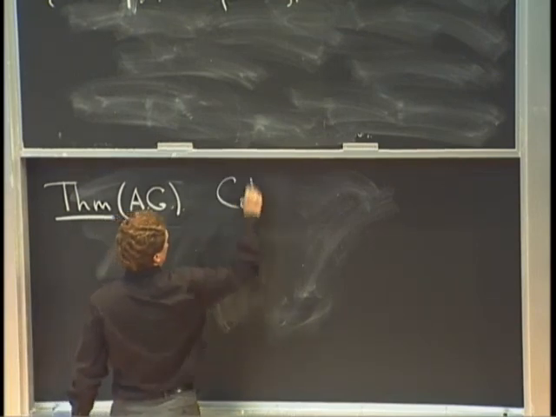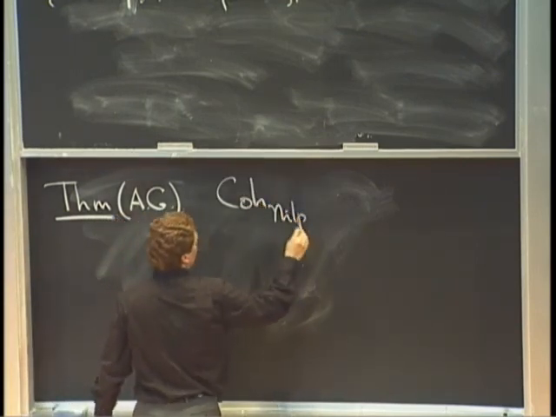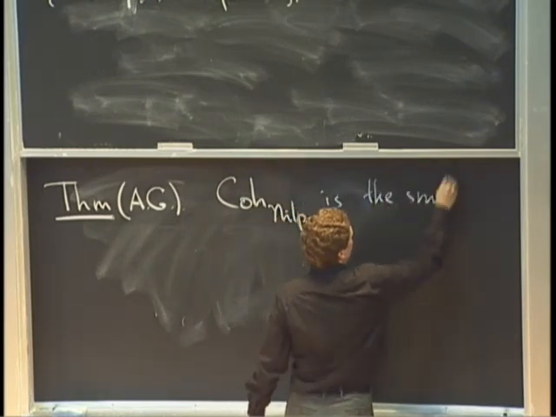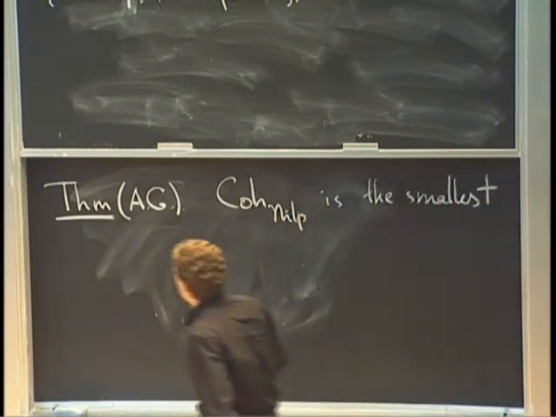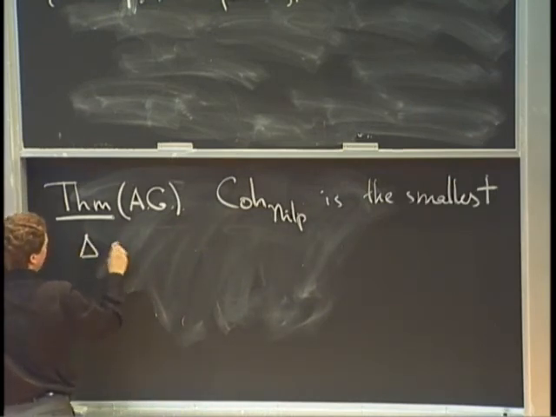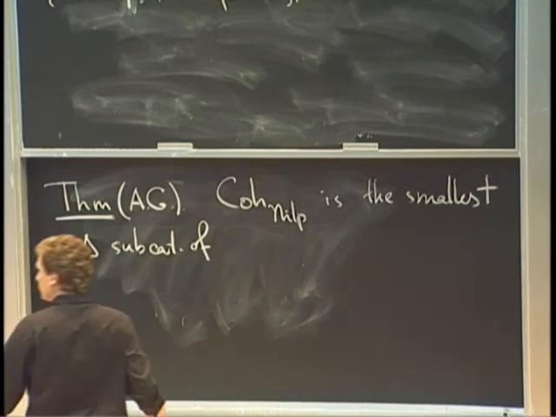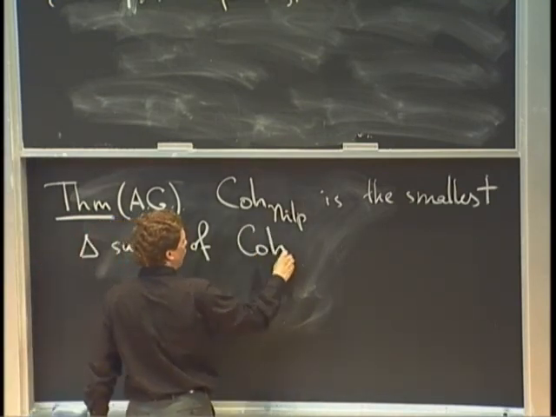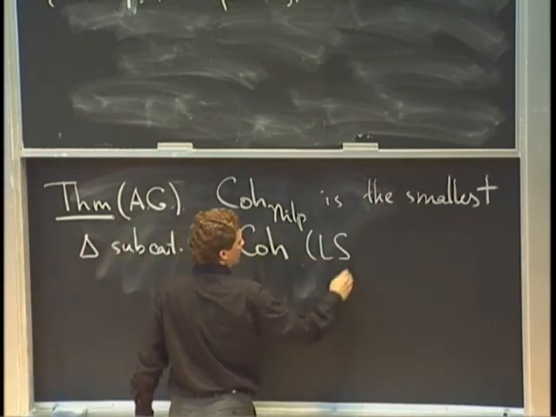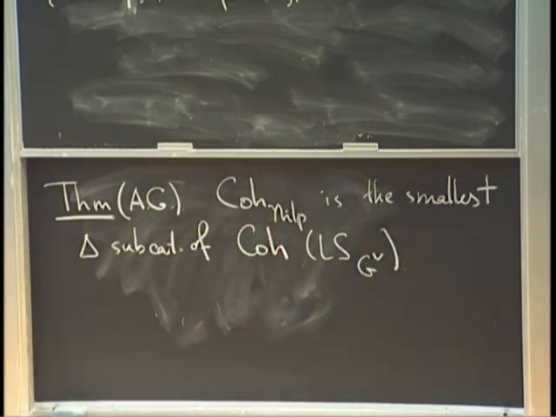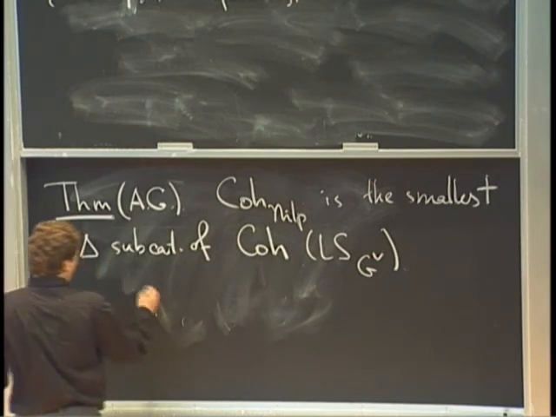So this Coh-Nilp is, let me put it, the smallest triangulated subcategory of Coh that is compatible with Eisenstein series. So what do I mean by this?